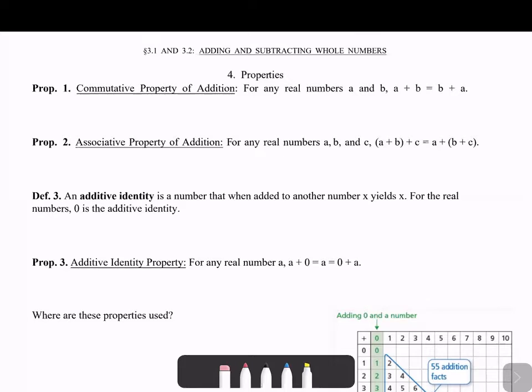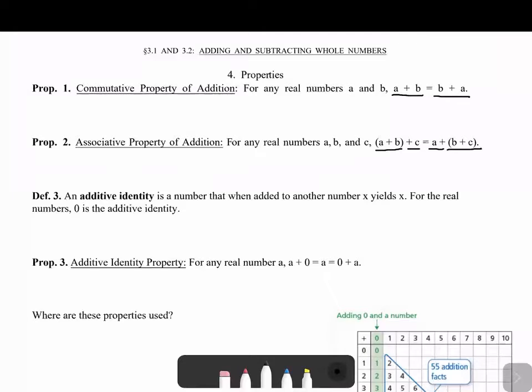The commutative property just deals with the order that we add numbers in. This essentially says that if you add A and B, that's the same thing as adding B and A. It doesn't matter what order we add numbers in, we get the same result. The associative property deals with when we add more than two numbers. It says that if we're adding three numbers, we can add the first two and then the third one, and that's the exact same thing as adding the last two and then the first one, following these parentheses.